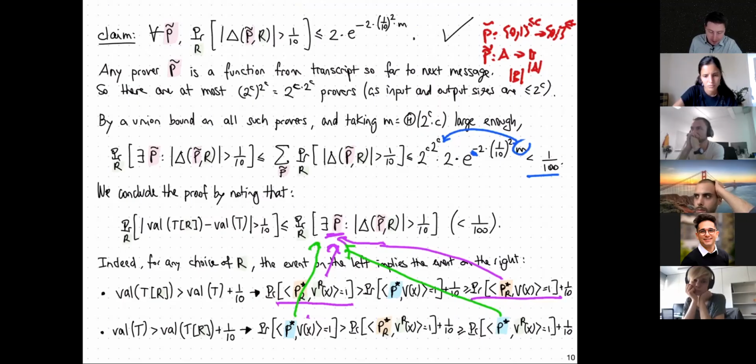So basically M is the number of random strings in R. And we're picking M to be exponential in the transcript size so that we can absorb a union bound on the provers. Because by making M large enough, we can absorb this union bound on the provers.